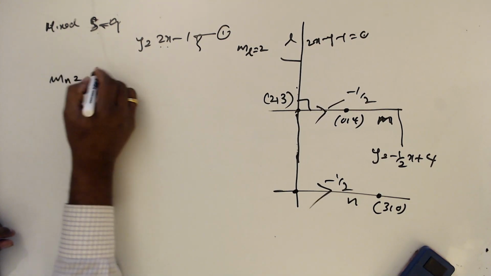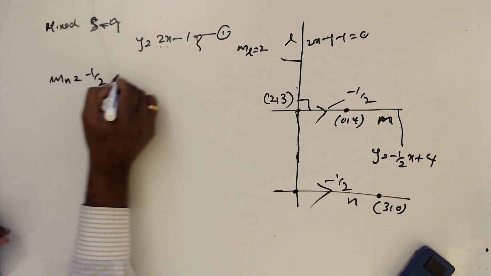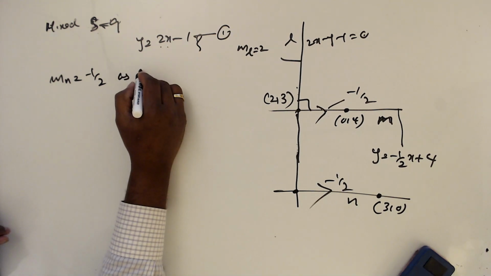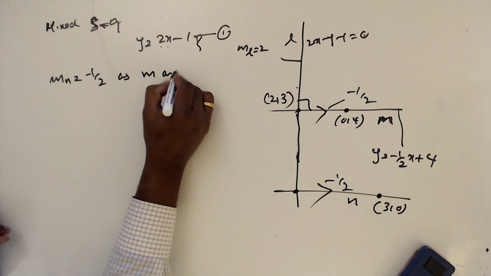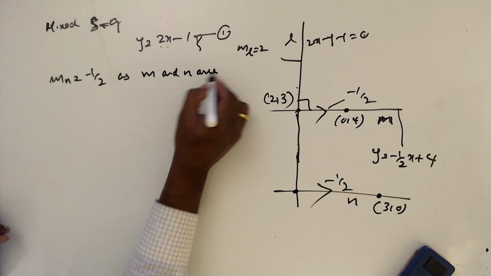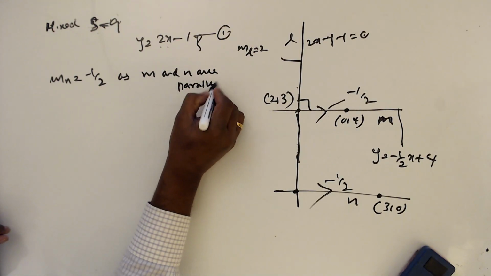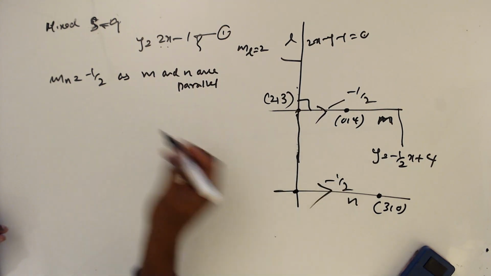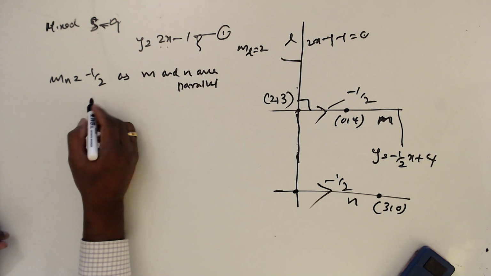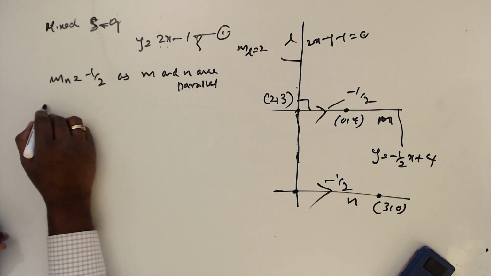Now Mn equals minus half, as M and N are parallel, so they have the same gradient, minus half. Now we can write the equation.